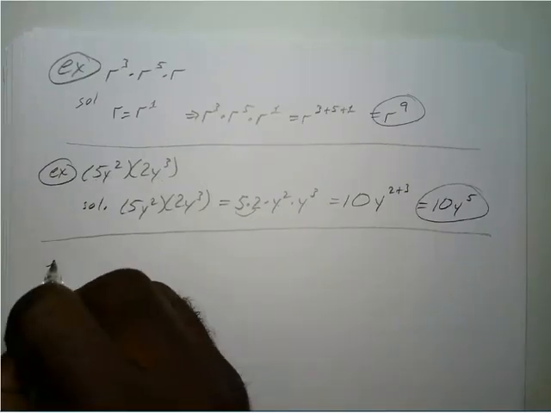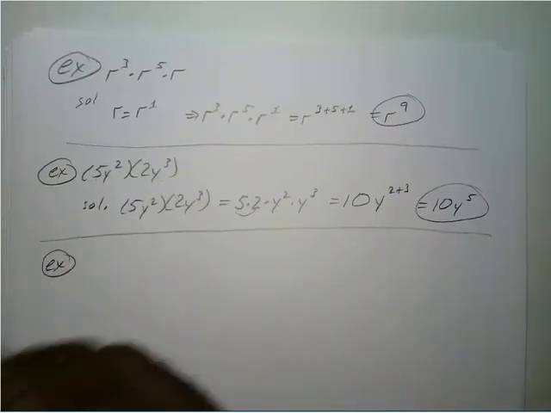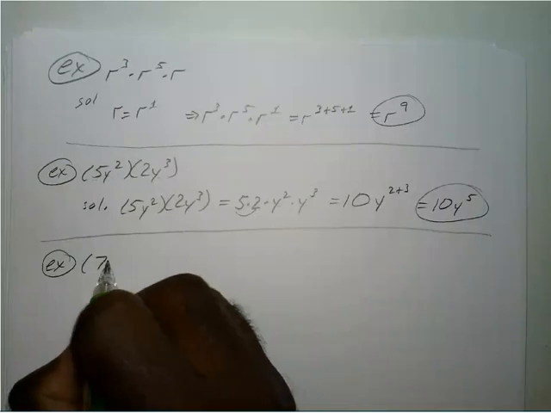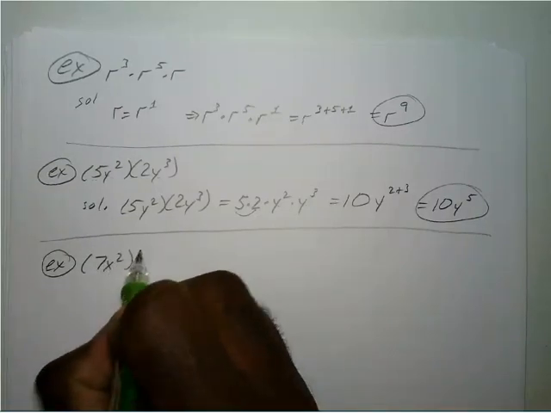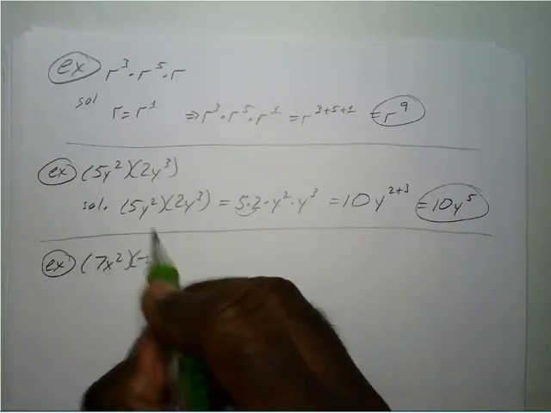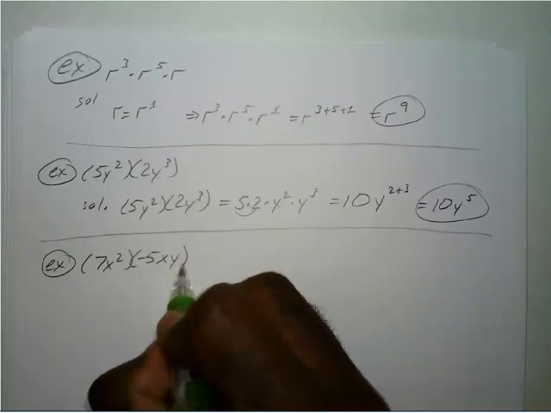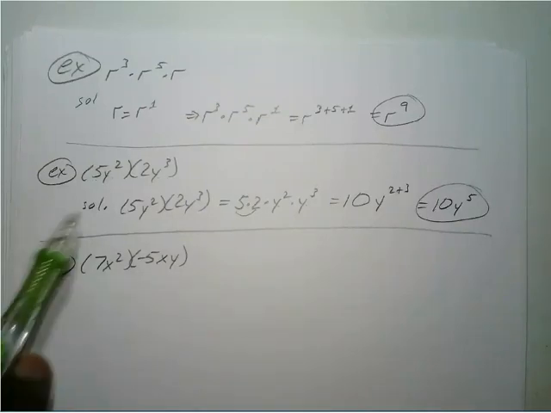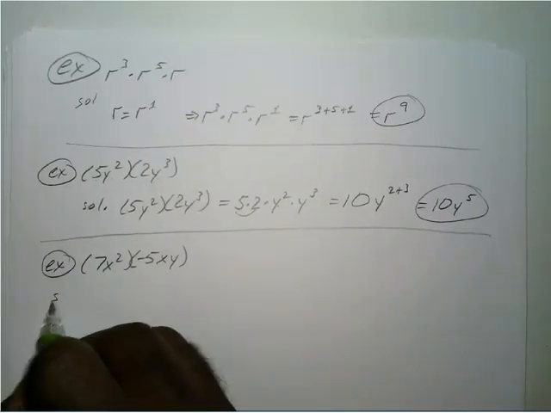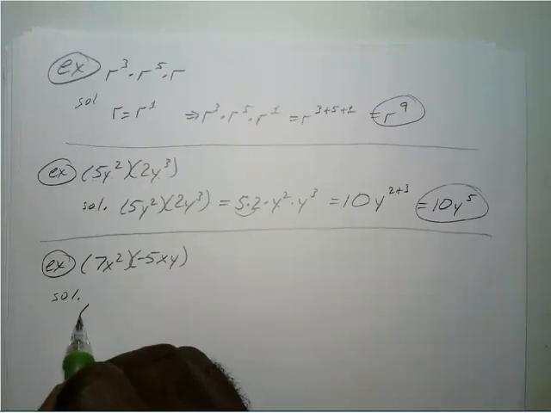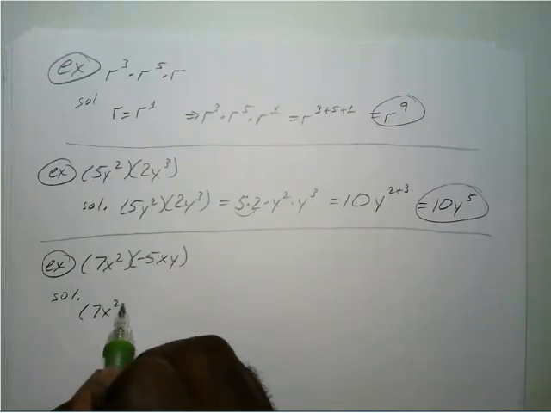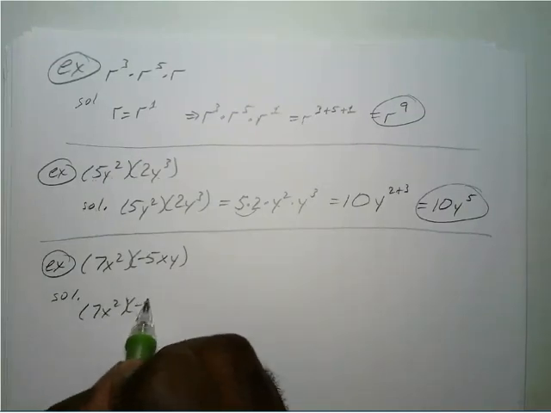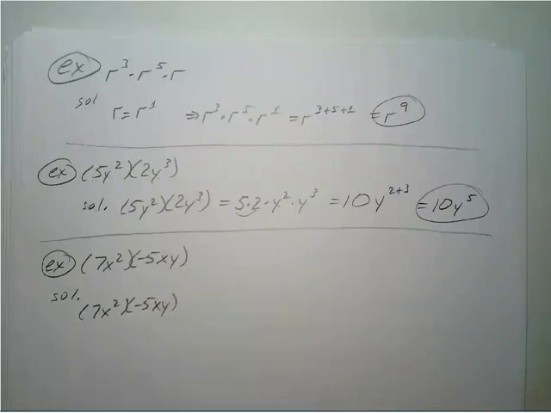So what if we have 7x squared times negative 5xy? Same rules as above.